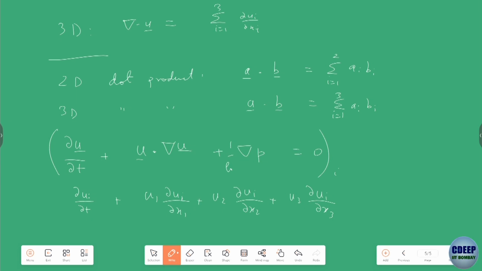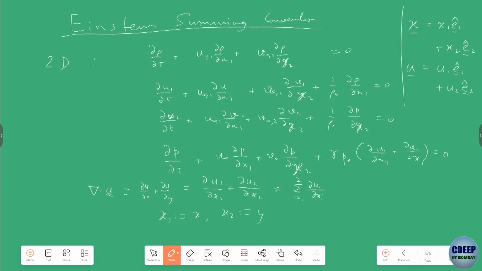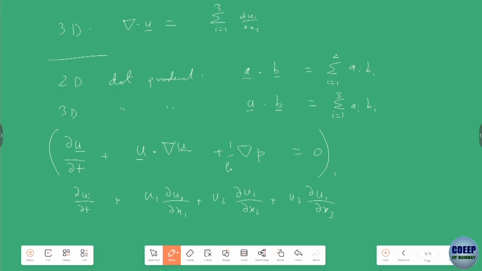Let's go and check whether this is the form. So there is a u1 del u1 del x1 plus u2 del u1 del x2. Here there is u1 del u2 del x1, u2 del u2 del x2. So this is the form, and because we have already used up i, I cannot use that i again.